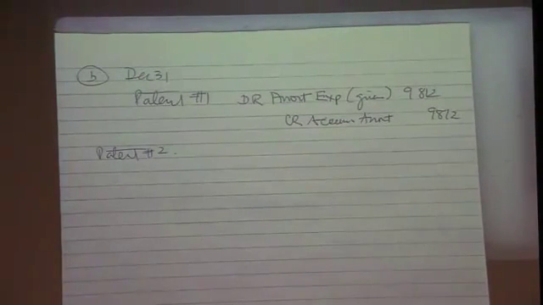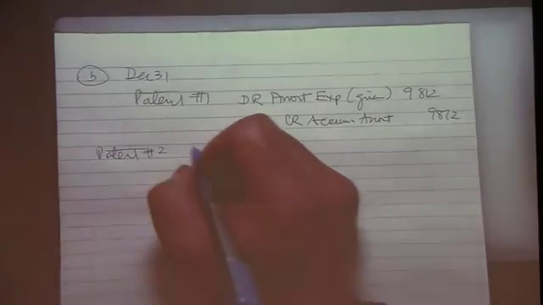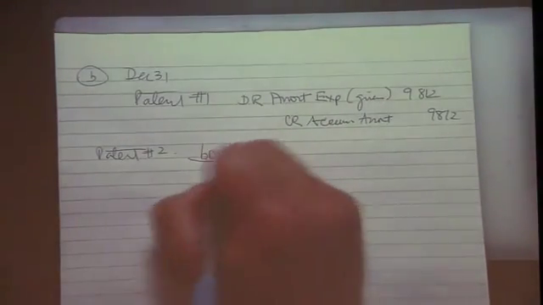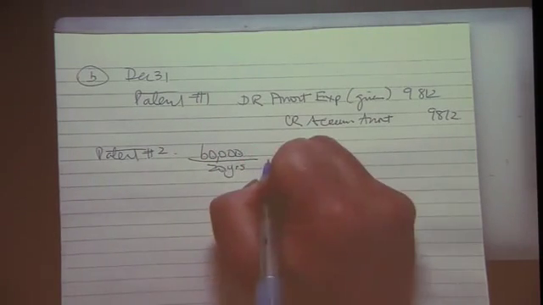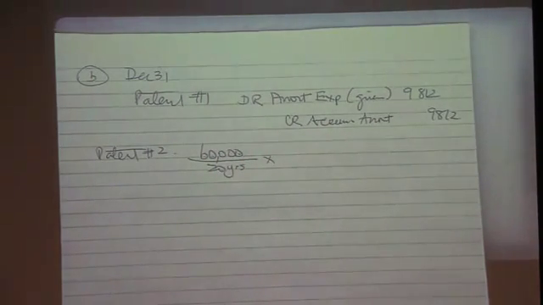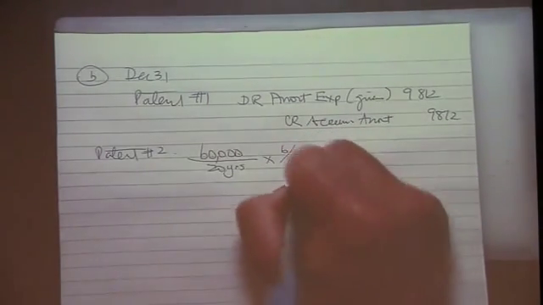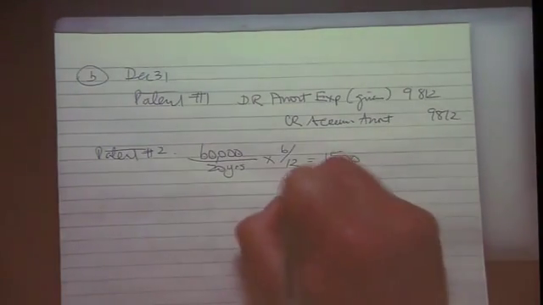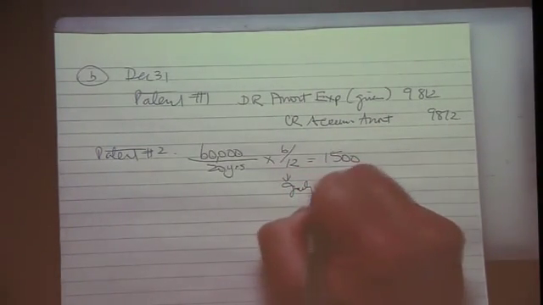Now for patent number 2, we need to calculate. Patent number 2, we paid $60,000, right? So $60,000, and we're told that the useful life is 20 years. And when did we do this? It was July 1st. So July 1st, it's 6 over 12 months. Okay, because it was July 1st.